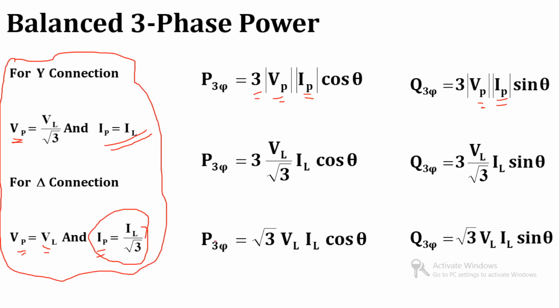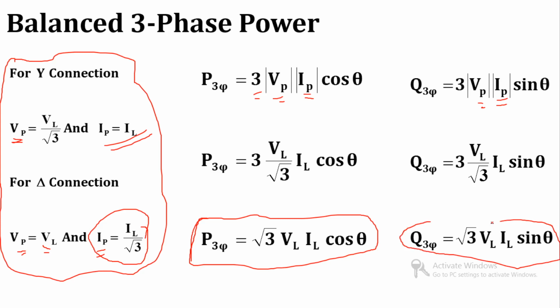So I will get the active power in terms of line voltage and line current equal to root 3 VL IL cos θ. Similarly, I will get the reactive power in terms of line voltage and line current, which is equal to root 3 VL IL sin θ. This is for star connection. Clear?